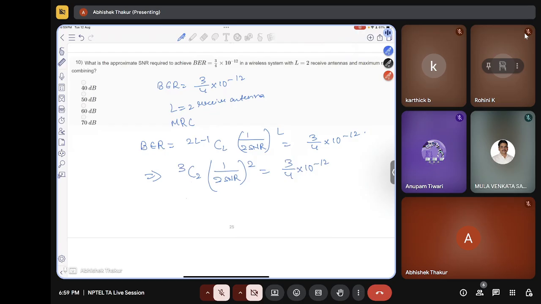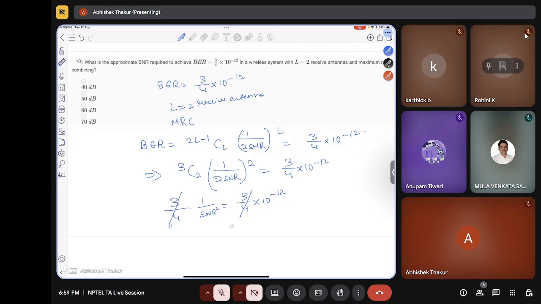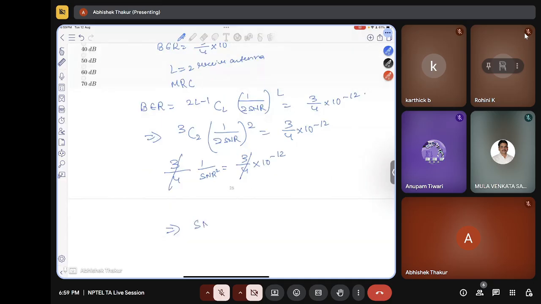So it will be 3/4 times 1/SNR squared. So SNR squared is equal to 10 to the power of 12, which implies that our SNR is equal to 10 to the power of 6.